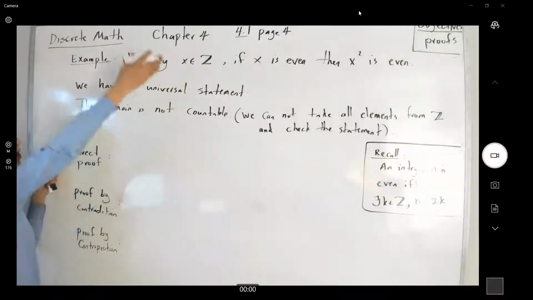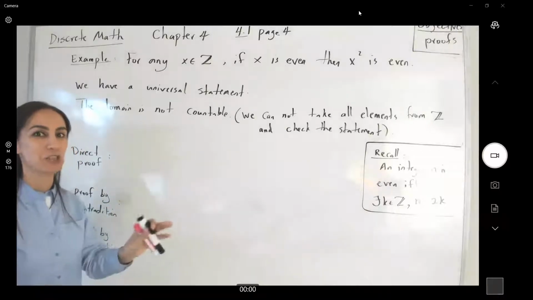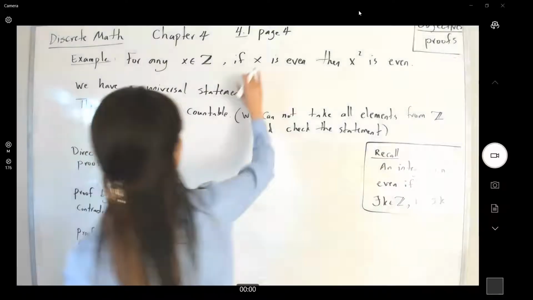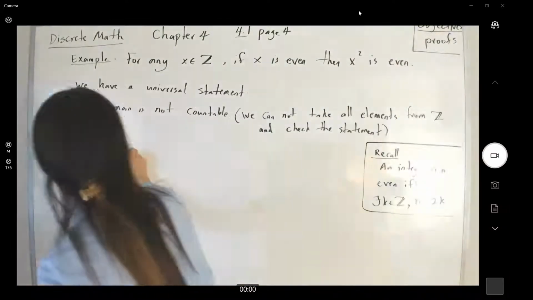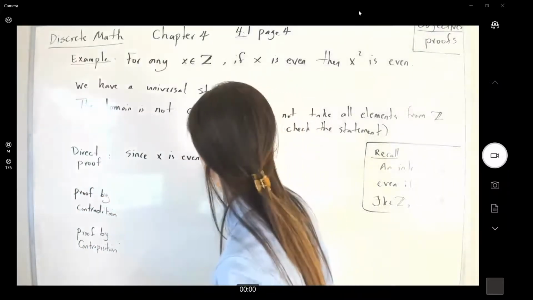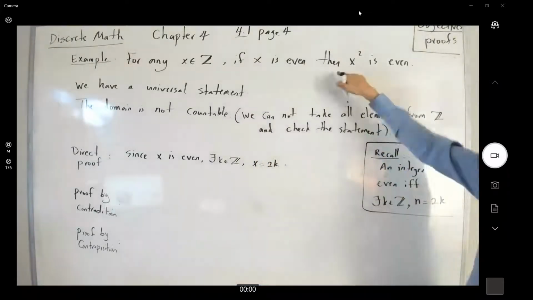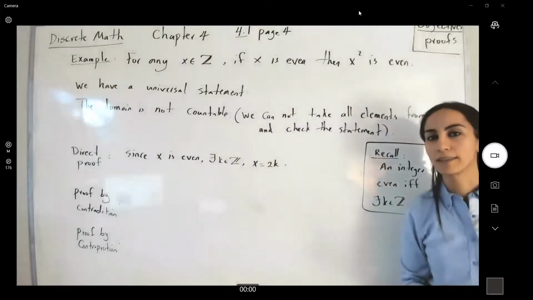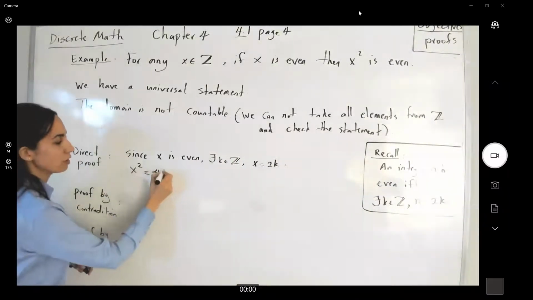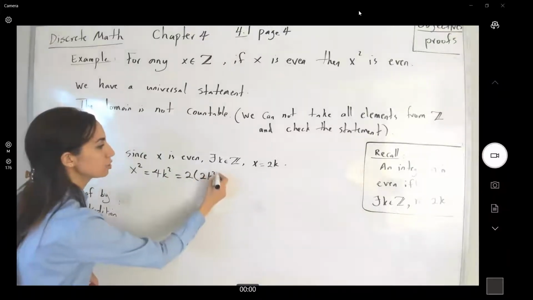And we want to use the direct proof. Direct proof says, okay, you have your random integer, you cannot specify what x is. That is a no-no. It's a universal statement, it works for all arbitrary numbers. x is even. Since x is even, it means that there is an integer like k such that x is 2k. The conclusion says now x squared is even. x squared is equal to 4k squared, which can be written as 2 times 2k squared.